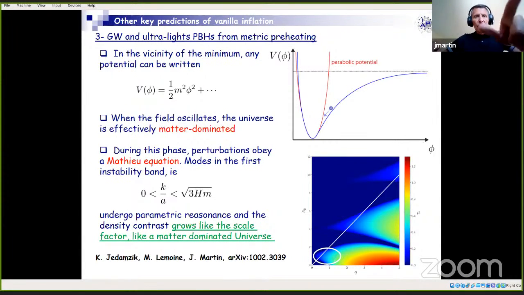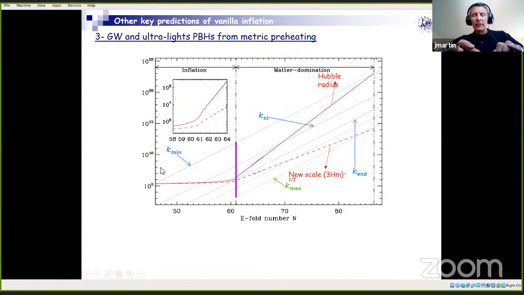In fact, satisfying this inequality means that we deal with the following mode. This is a plot. This is my last plot, so I'm coming to the conclusion. So this is a plot of the physical scales that are relevant during inflation versus time. This is inflation. This is the end of inflation. This purple line is the end of inflation.